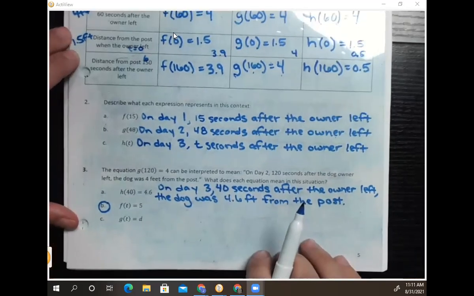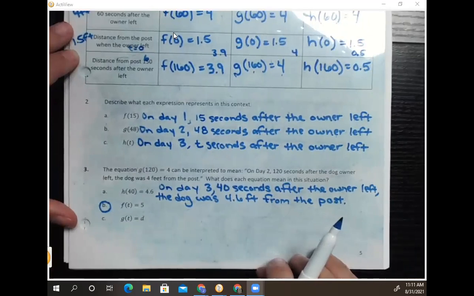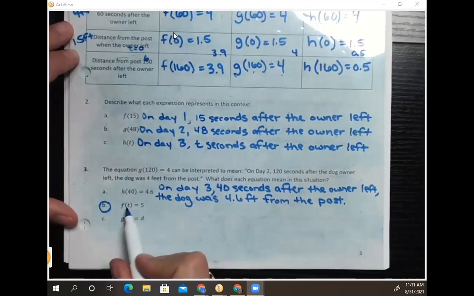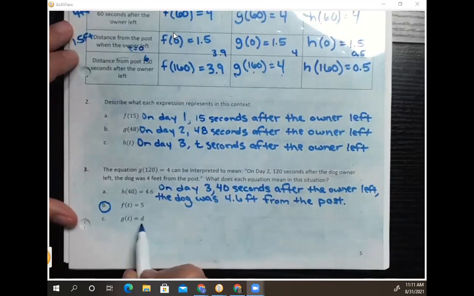For C, they didn't give me any concrete values. So just like we used t seconds in B, we're going to use t seconds here, and then we'll do D feet. So G is what day? Day 2.